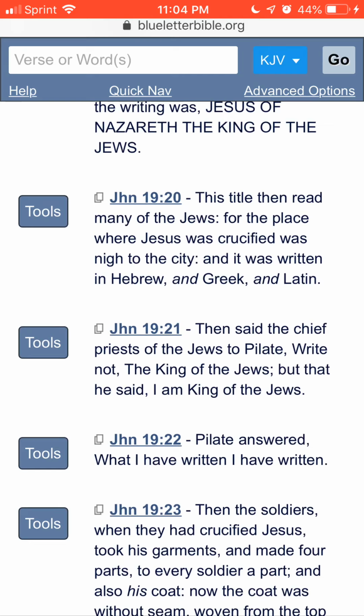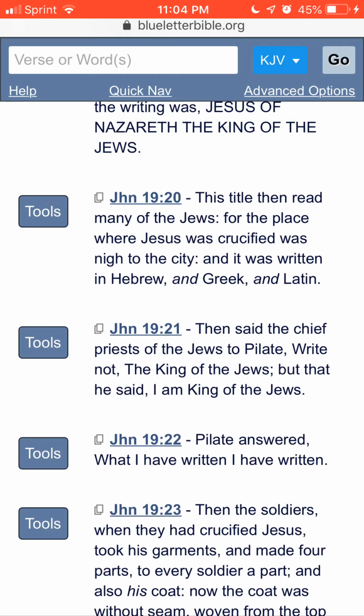In Greek, why? Because you have Hebrew Israelites that spoke Greek, and Latin, because you had Hebrew Israelites that spoke Latin. Okay? So they wanted to be known to every Hebrew Israelite across the world that speak different languages that the King of the Jews was being crucified as a mockery.